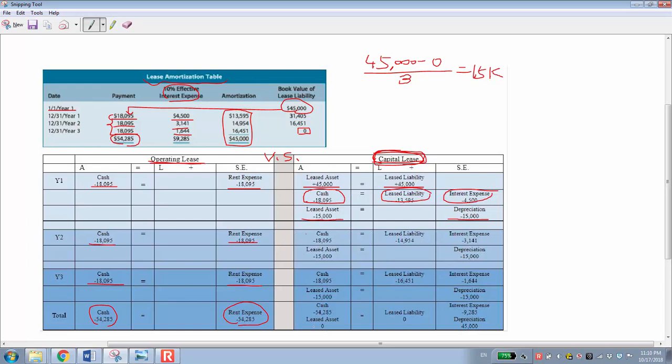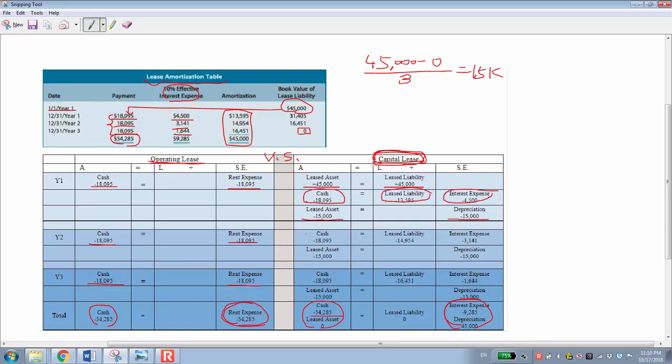But if we sum the 3 years, we find there is basically no difference, right? The cash outflow is $54,285. The difference is that for operating lease, the company recognizes rent expense. For capital lease, it recognizes depreciation plus interest expense.